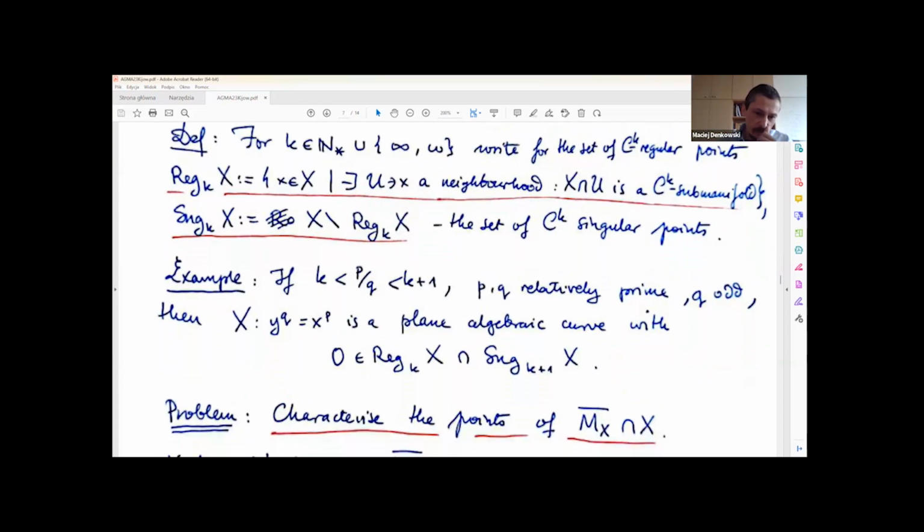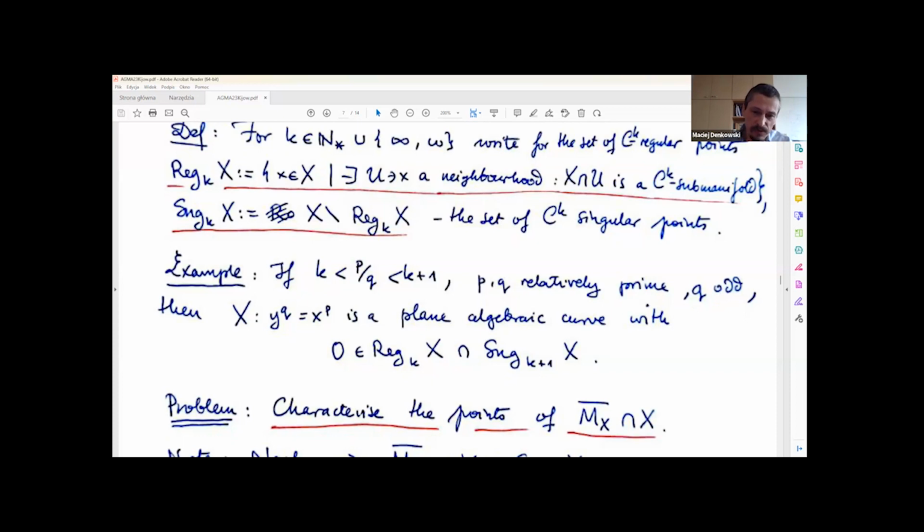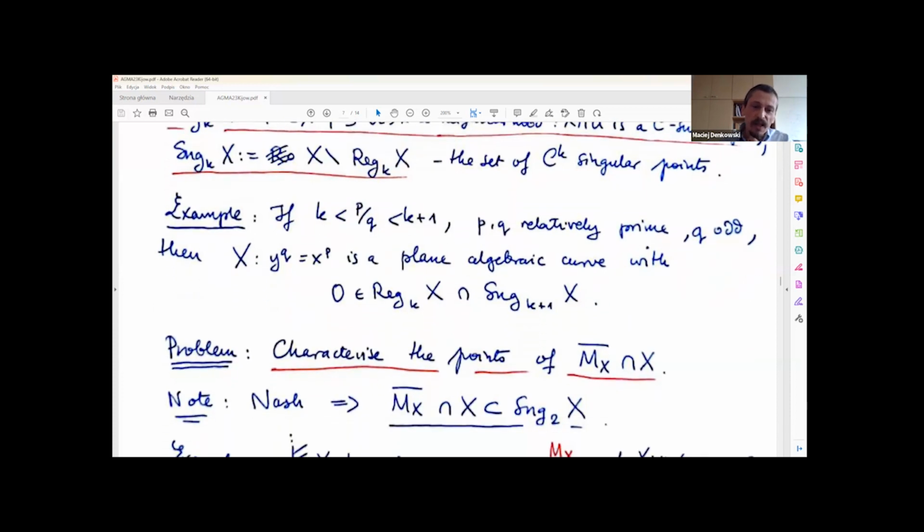One of the questions in singularity theory is a rather new question. It has less than 10 years, maybe slightly more. It is to characterize the points of X that are reached by the medial axis.